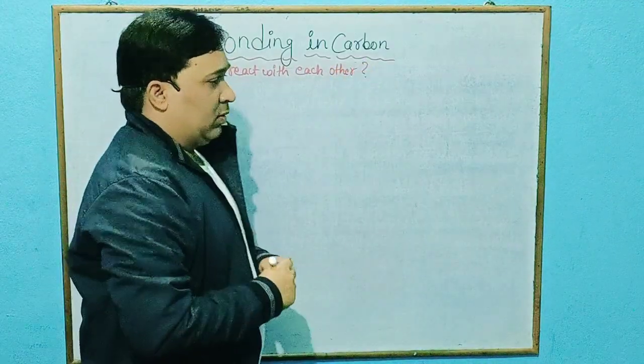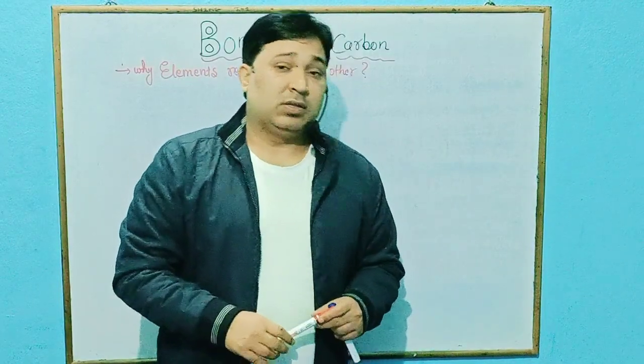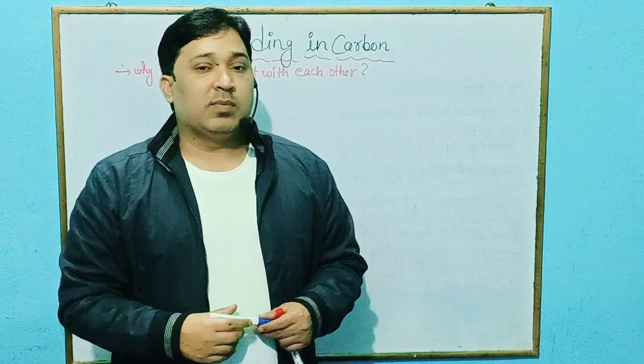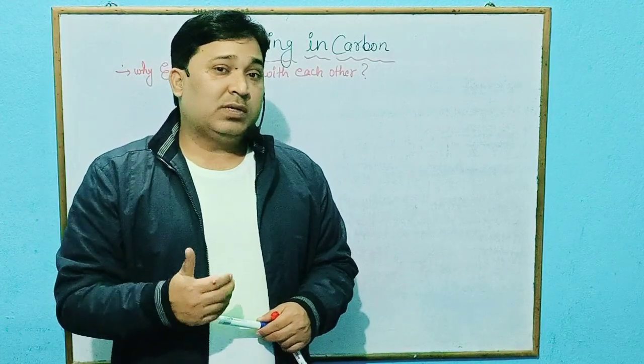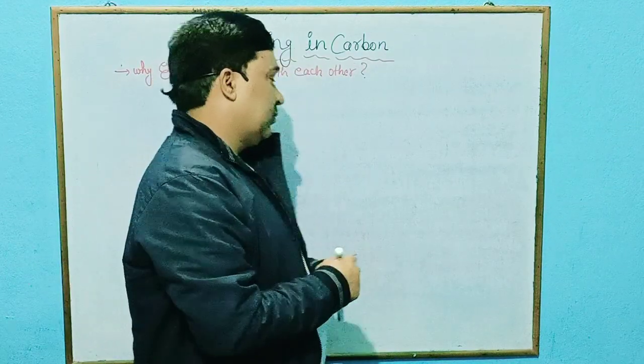And the answer is obvious, right? The elements react with each other to acquire the nearest noble gas configuration so that they become stable. So all the elements react with each other to gain stability.